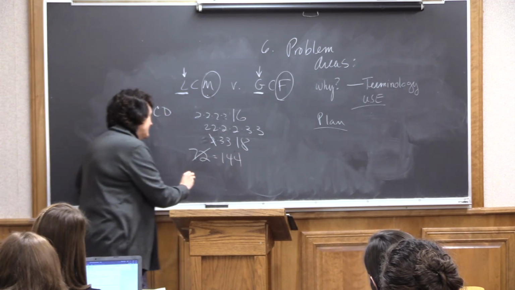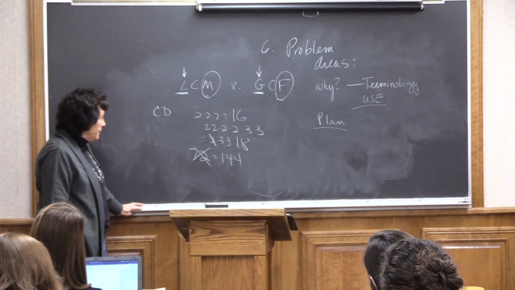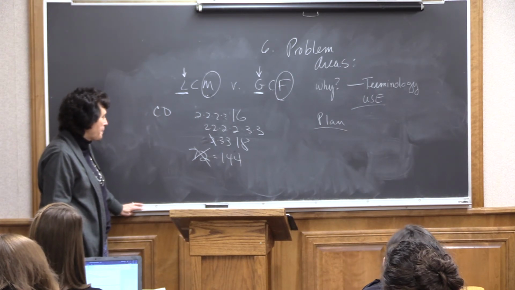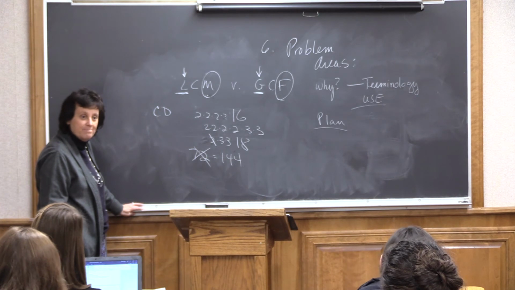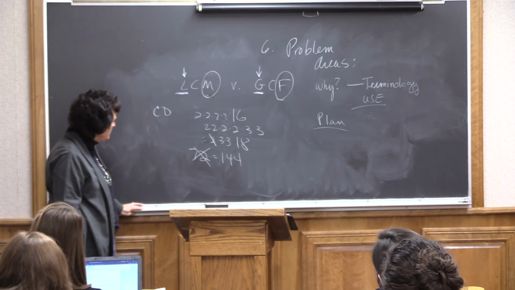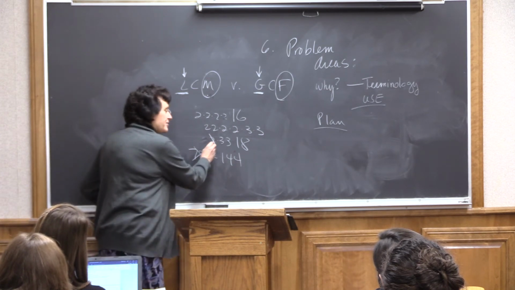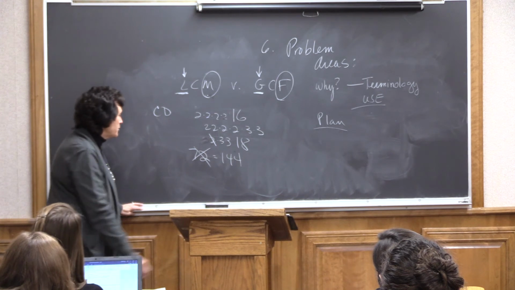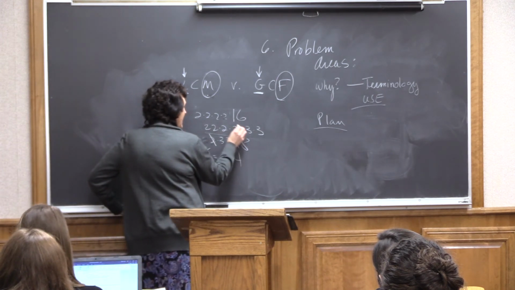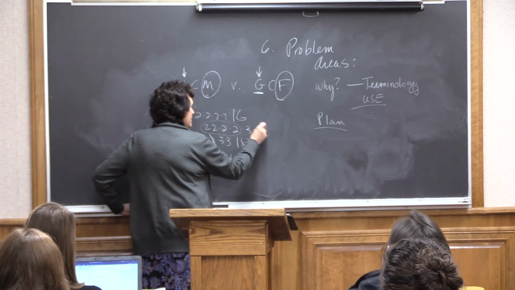Sorry, did that too quickly. 18 does not go into 72. Why doesn't 18 go into 72? Oh, wait a minute. We don't have enough 2's. So my least common multiple is 16 times 9.